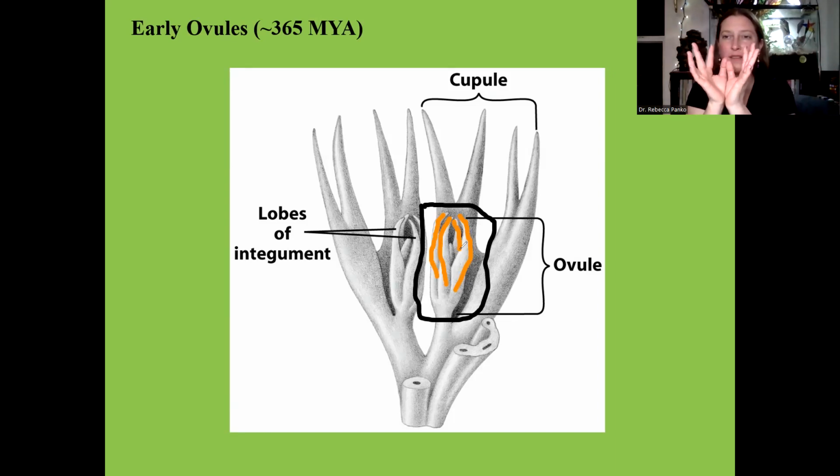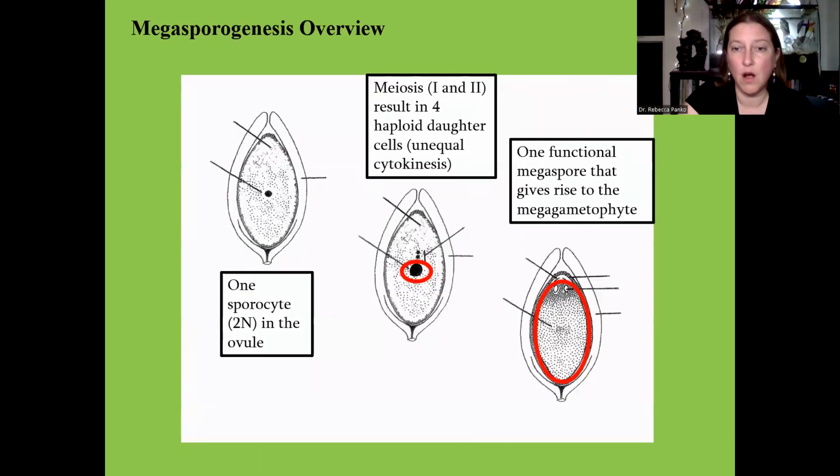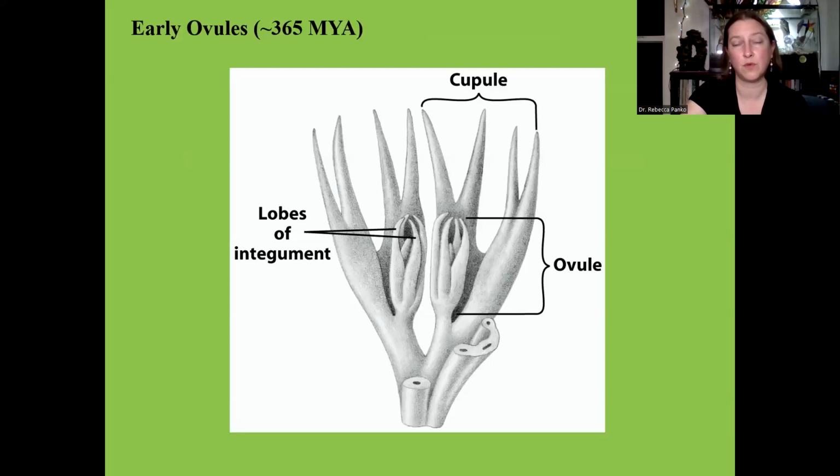It's kind of like this, right? It's not like this. Whereas modern day ovules are like this. They're completely fused. But these early ones, 365 million years ago, are more open.